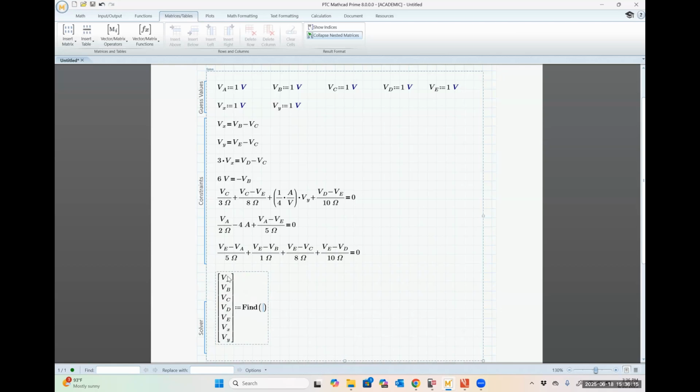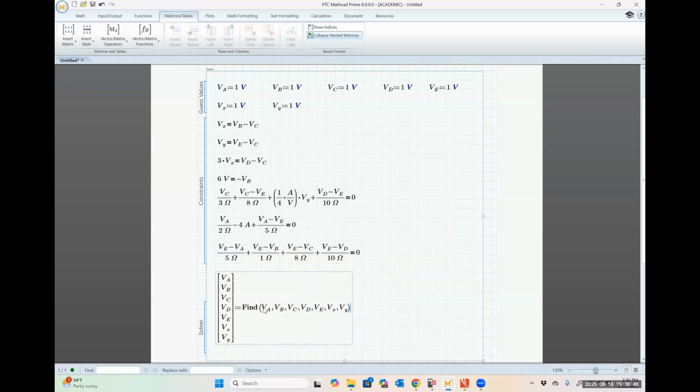Whatever order I put things in this matrix, I need to type them out in the exact same order here, otherwise they'll get stored in the wrong place. So VA, B, C, D, excuse me, E, X, and Y. And then finally, over here on the right, I'm just going to press the normal equal sign.